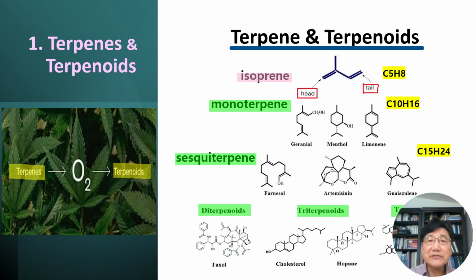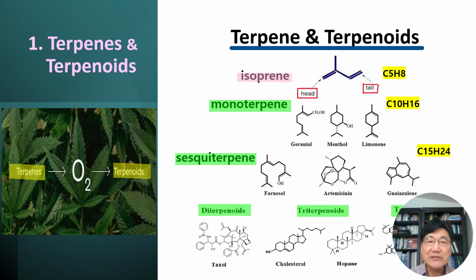Terpenes are composed of repeating units of isoprene, which is a 5-carbon unit with 8 hydrogen atoms attached. Terpenes use the simple isoprene units as blocks to build molecules with 10, 15, 20, 30, and 40 carbon units.